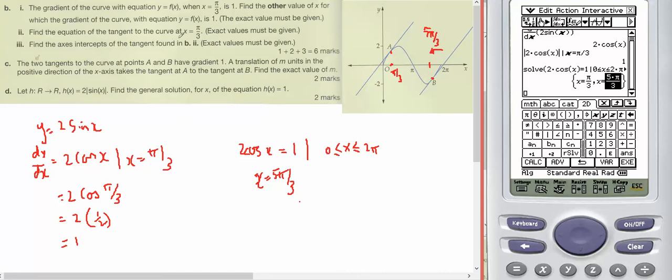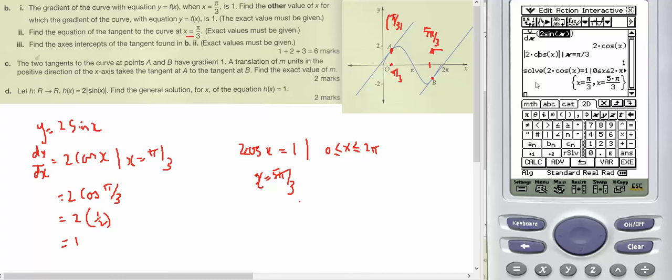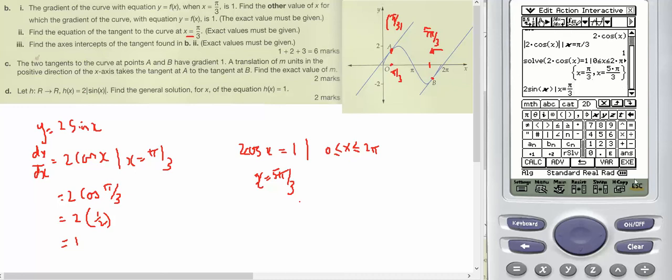Okay, find the equation of the tangent of the curve at x equals pi on 3. So here, I know that it's at pi on 3, and if I substitute x into the equation here, given x equals pi on 3, I get an answer of root 3.